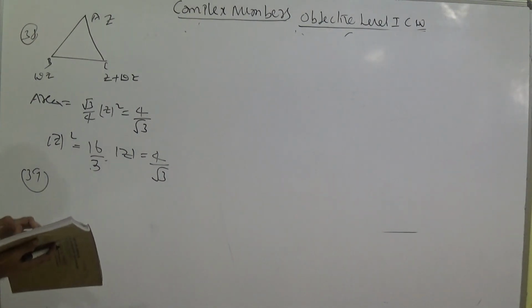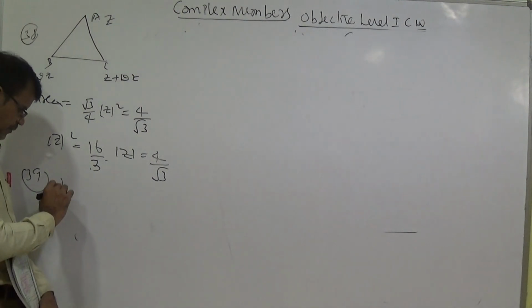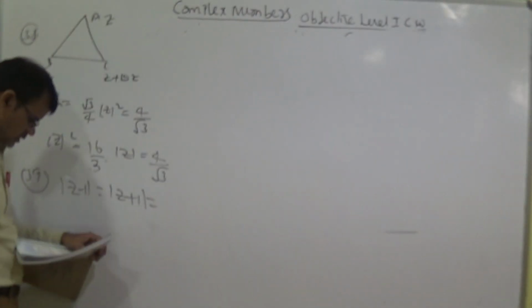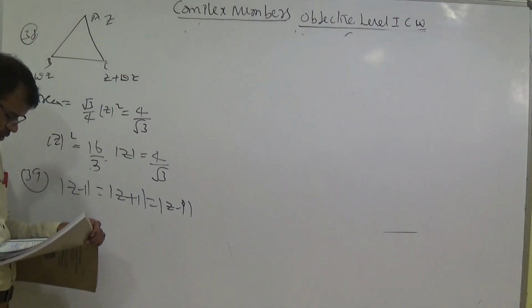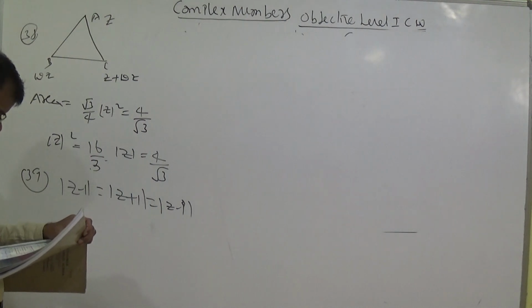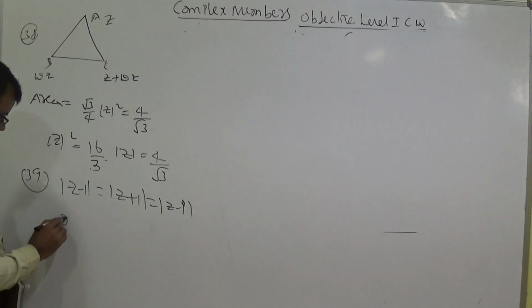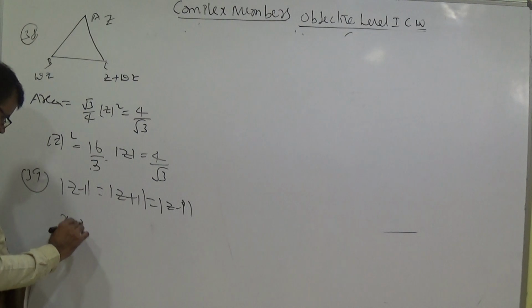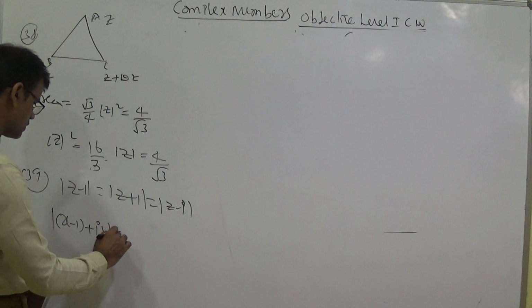Now 39th question. The number of complex numbers such that modulus of z minus 1 is equal to modulus of z plus 1 is equal to modulus of z minus i. He is asking the number of complex numbers. So you can understand here x plus iy minus 1, write like this, modulus of x minus 1 plus iy.